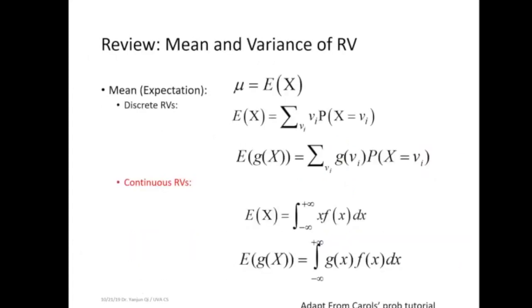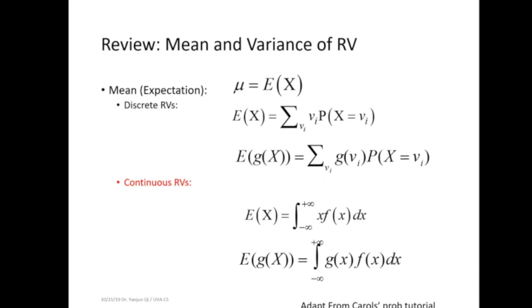And then how to calculate the mean and variance of a continuous variable, which is also almost the same. So in the discrete case, to calculate the mean, we sum v_i times P(X = v_i) for those specific values. We just convert that summation into an integral in the continuous case.